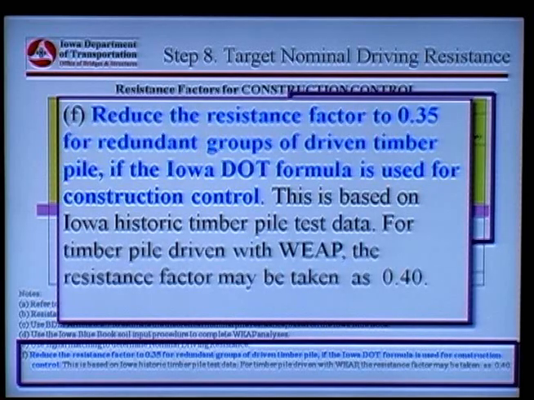It's not 0.5, but 0.35 for construction control using the Iowa Blue Book, Iowa DOT ENR formula on timber pile. If it's a steel pile, then you use the number shown on the table, 0.5. It's a timber pile, we use a smaller resistance factor of 0.35. All right? But if this is to be controlled by PDA, for example, the number shall be 0.4 instead of 0.5, right? Apply only for timber pile.